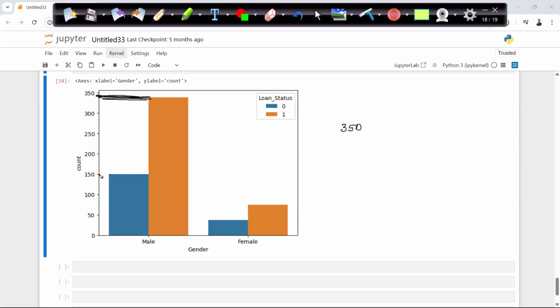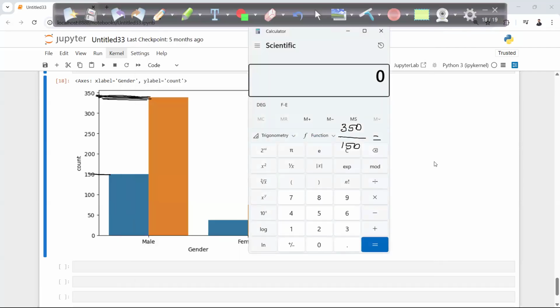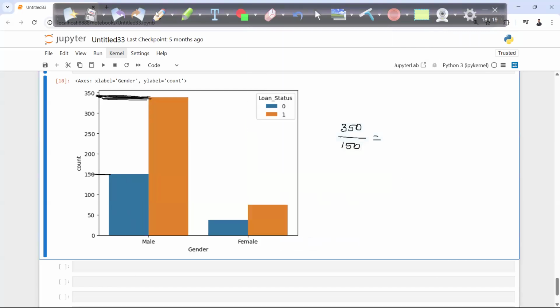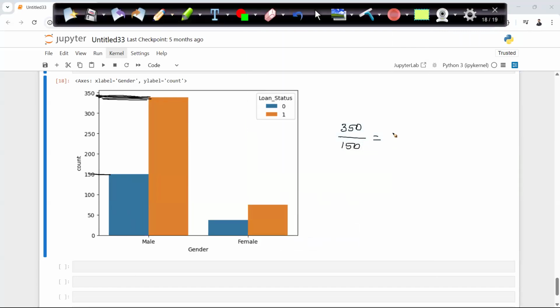How many males did not get the loan? 150. What is the ratio? 2 point something. 350 by 150, 2.3. 2.3 is to 1, right? Roughly. Round it off to 2 is to 1.